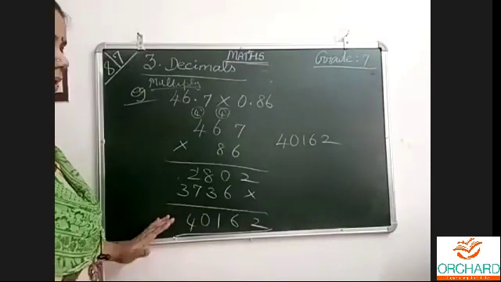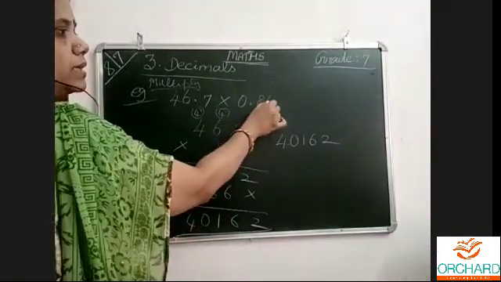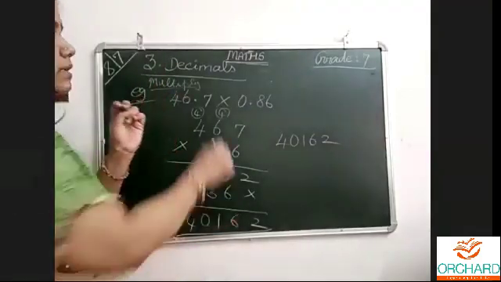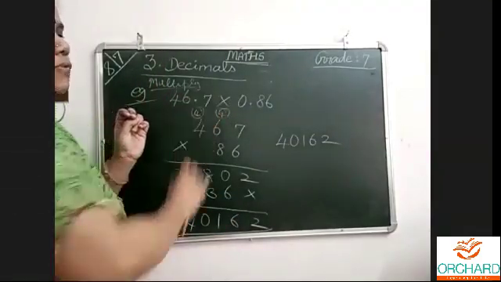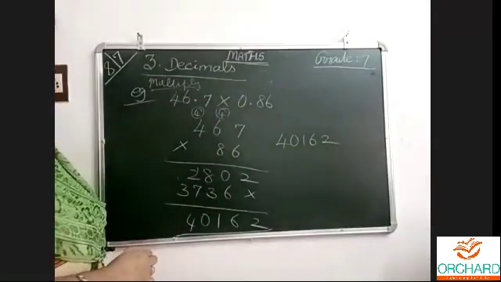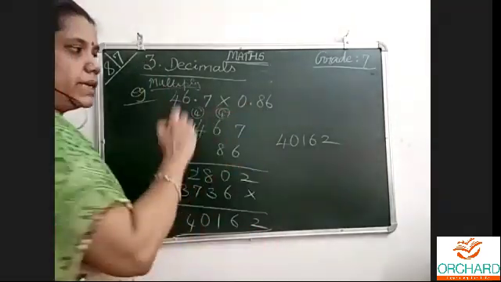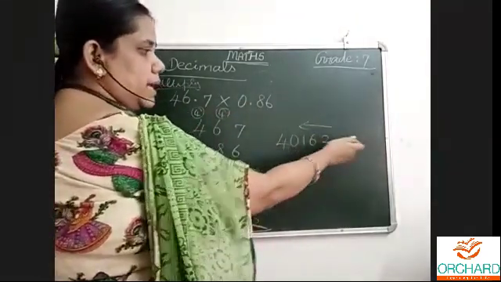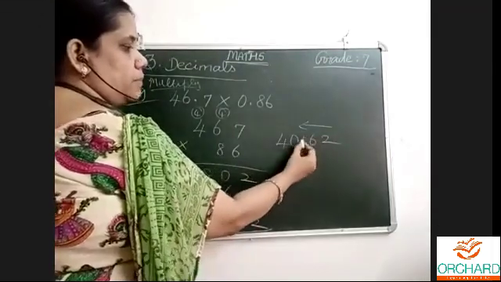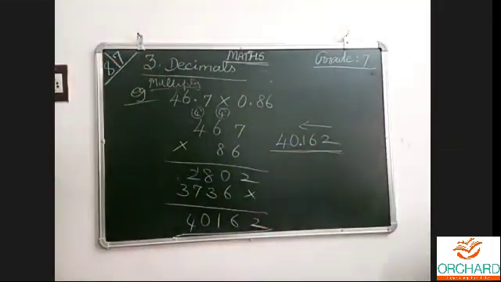After doing normal multiplication, here see. Now the decimal numbers: 2 digits after the point in one, 1 digit in the other. So 2 plus 1, 3. 3 digits, before that we need to keep the point. Come from the last: 1, 2, 3, then the point. The answer is 40.162.